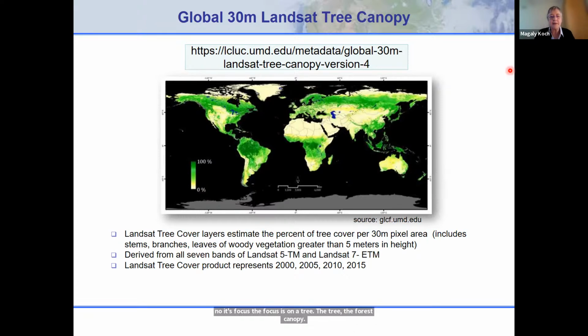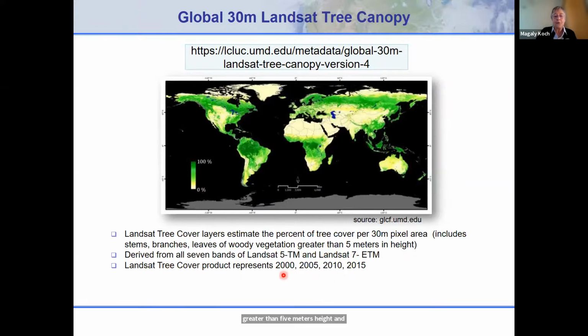They're monitoring that globally, and so basically that means that many of these images had to be stitched together, mosaicked together, and processed in a way that the output shows the tree canopy composition, including the stems, branches, and leaves of woody vegetation greater than 5 meters in height.